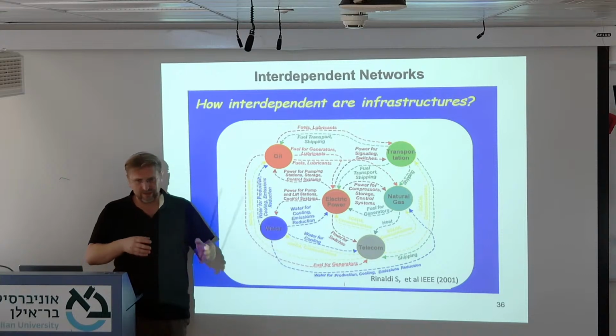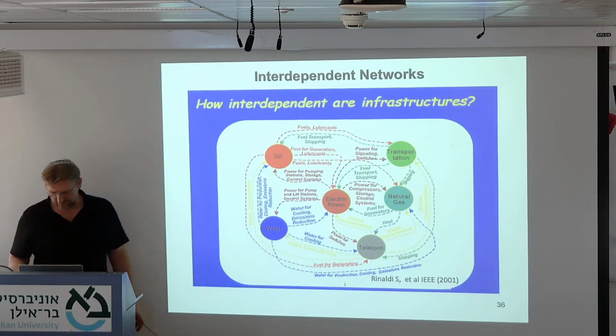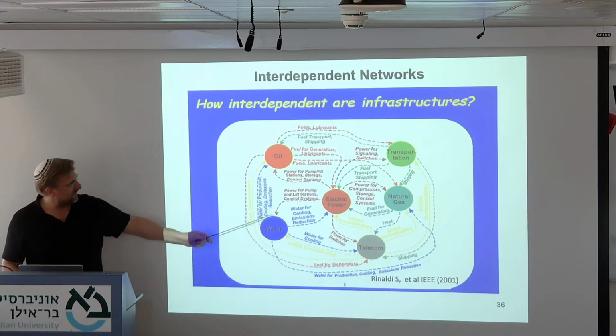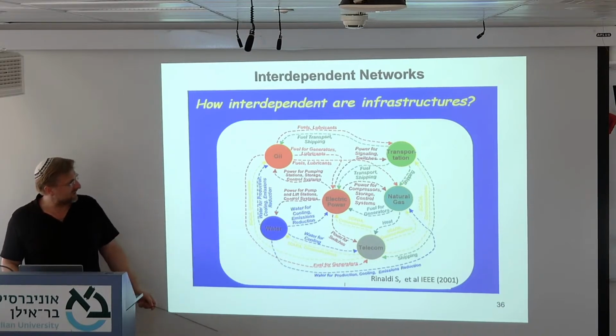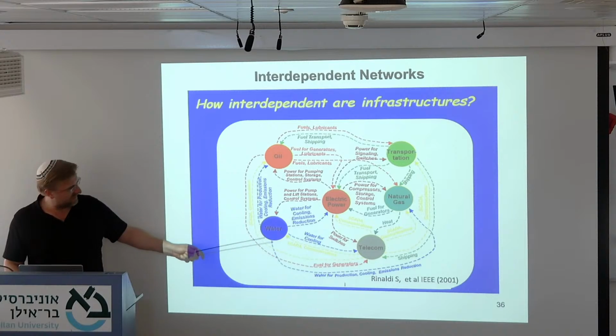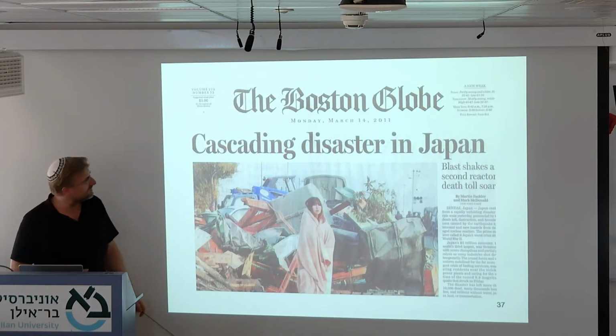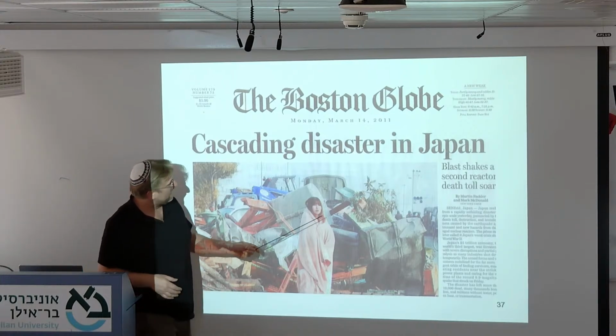And it's very complicated, very complex, so to say. And he tried to model such interdependent structures. And the push to his research was something that happened in 2011 in Japan.